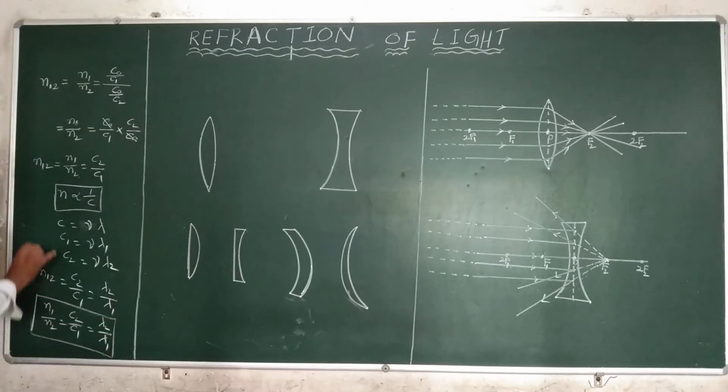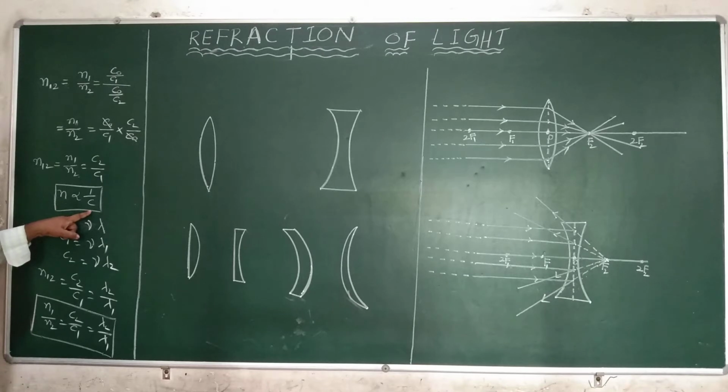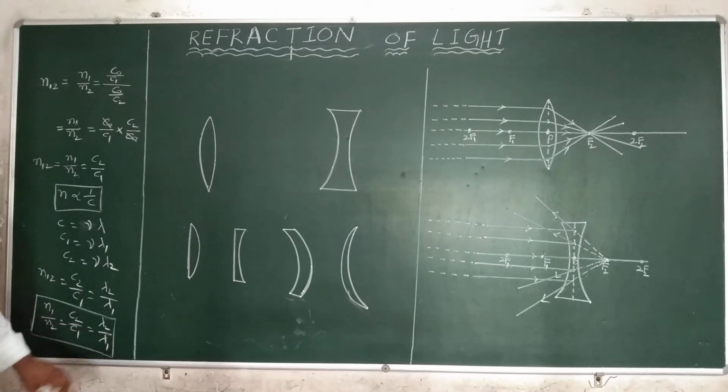This is the relation between refractive index, speed of light and wavelength. Finally we conclude that the refractive index and speed are inversely proportional to each other. Similarly, the refractive index and wavelength are inversely proportional to each other.